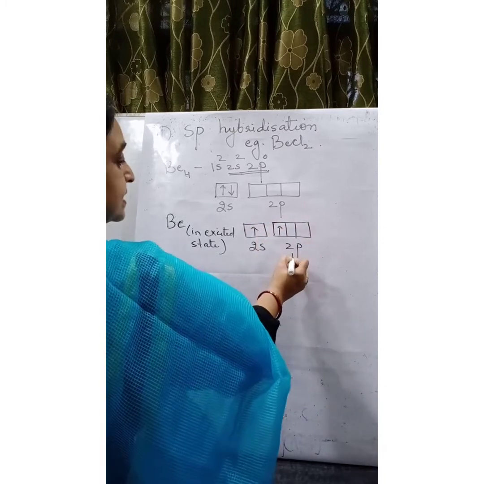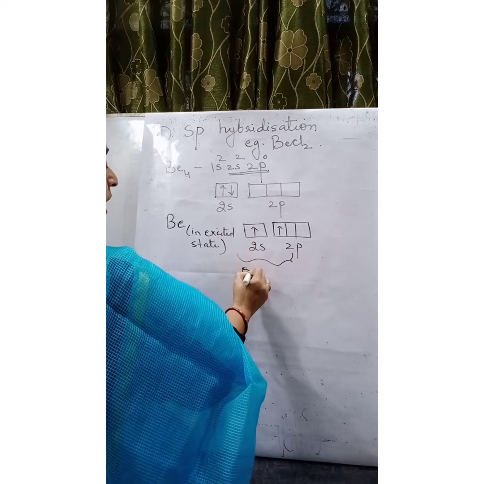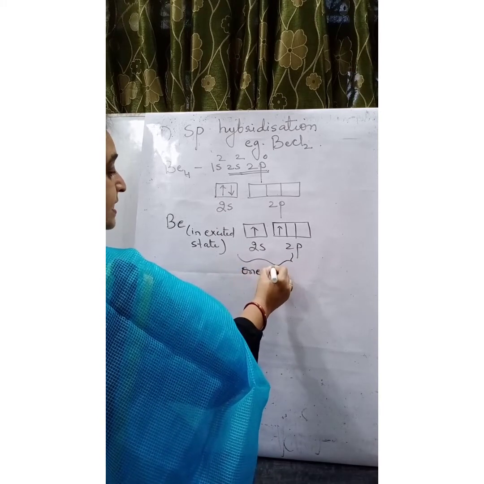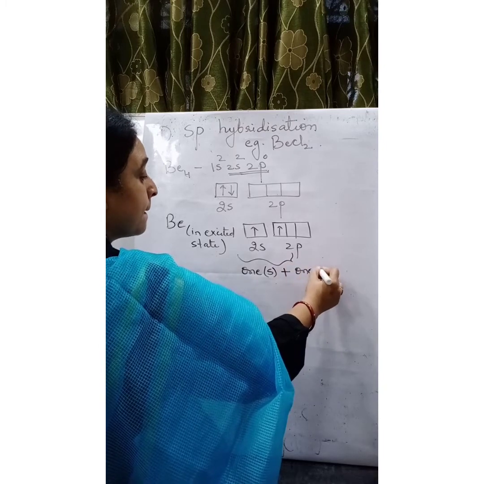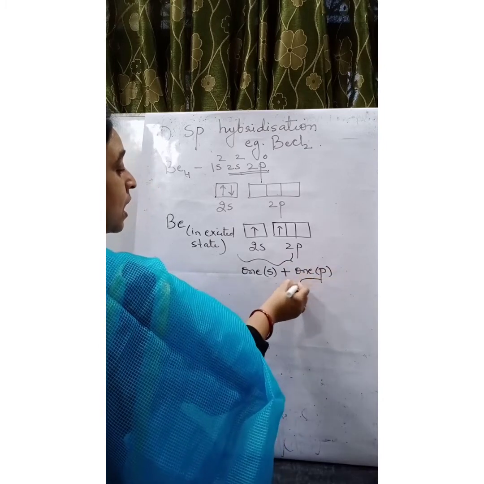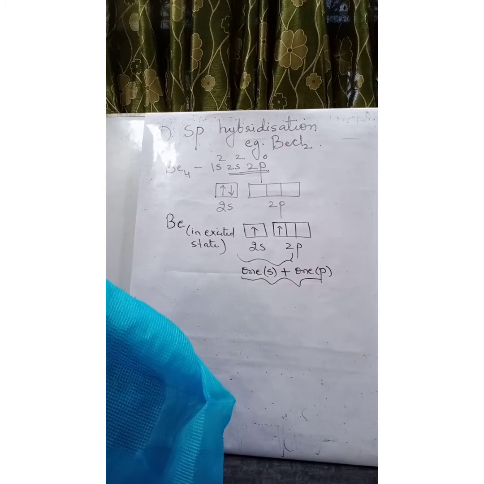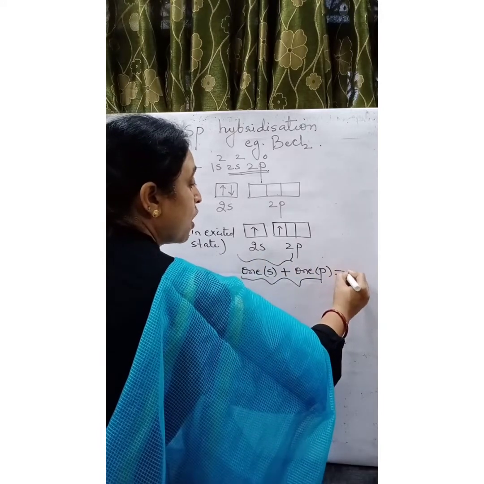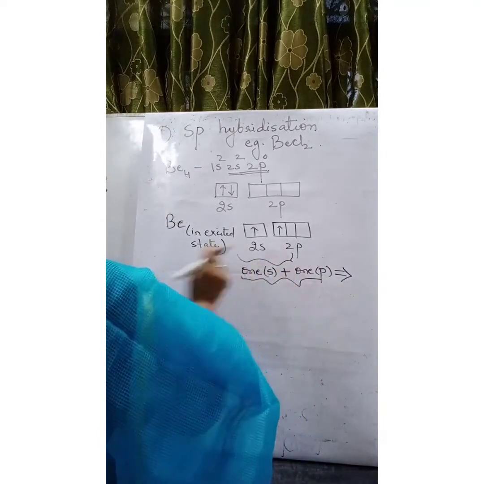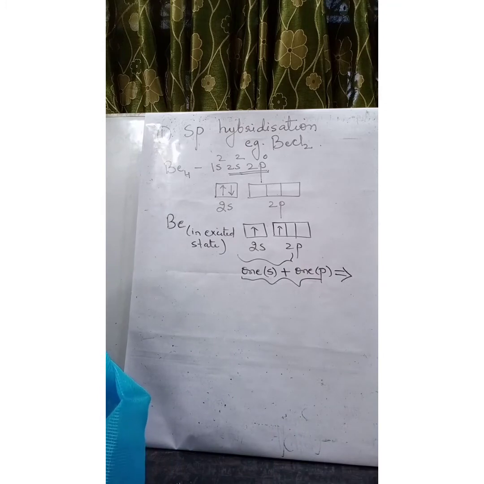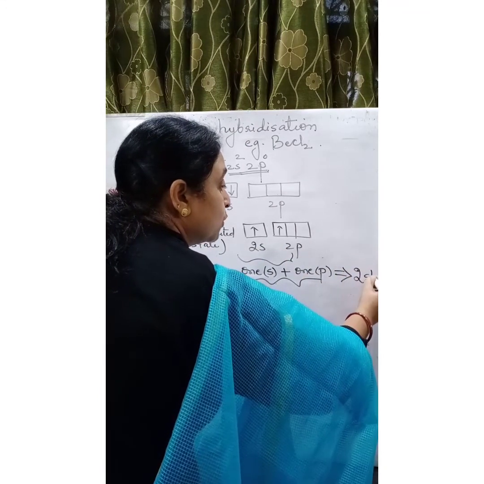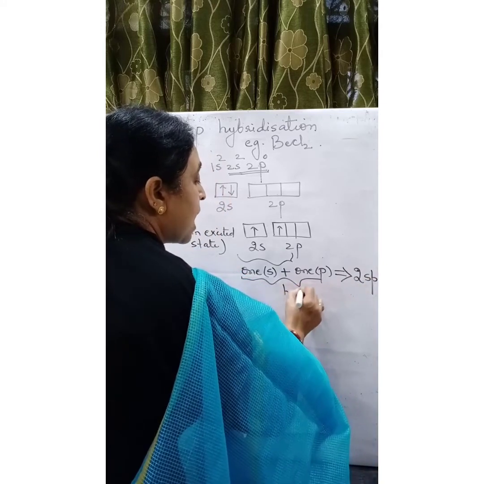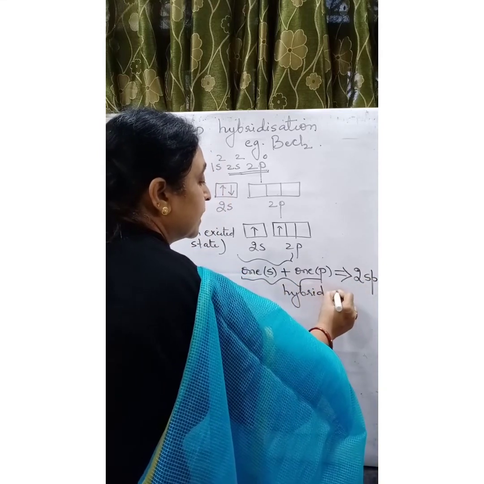Now one s and one p orbital undergo hybridization. These two are undergoing intermixing, so it results in the formation of two sp hybrid orbitals.